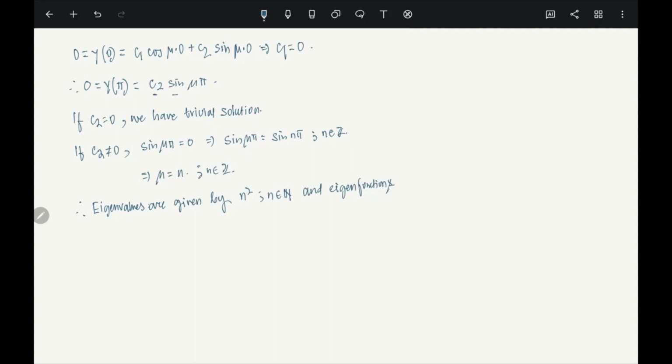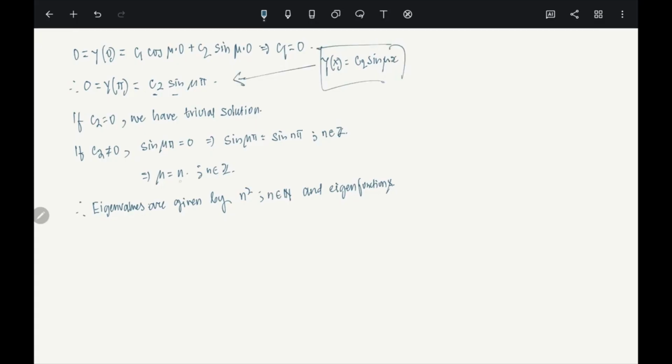If mu is n, the solution is given by, after all of this, y of x is nothing but c2 times sine mu x, right? That was the solution, and that solution satisfied y at the point pi equals 0.